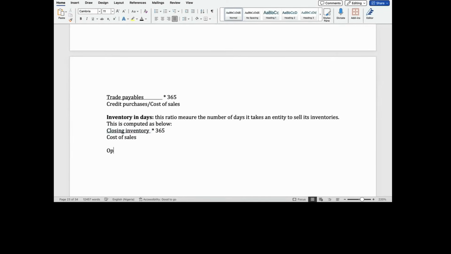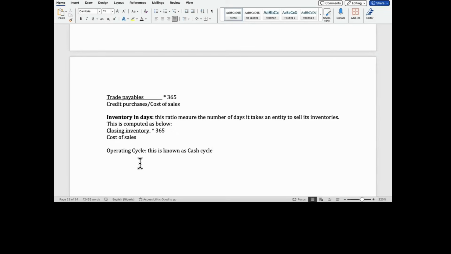Now, from this efficiency ratio, a real measure of its efficiency is for you to be able to ascertain the operating cycle of a company. Okay, operating cycle. This is also known as the cash cycle. I've seen some people call it the cash operating cycle.